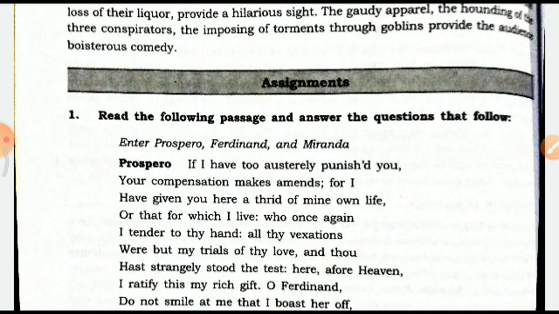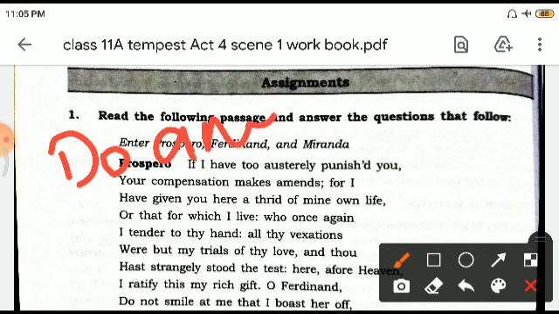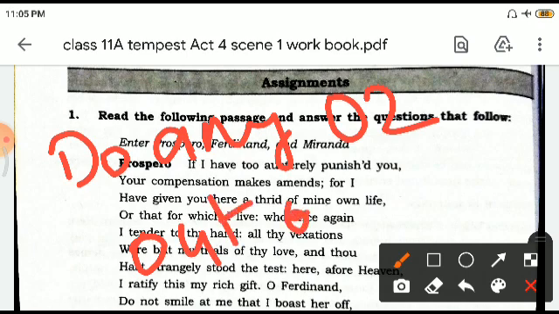Right? Now, see, children, as far as your paper is concerned, your Section A comprises three references to the context, and you have to attempt any two out of three. Each reference to the context is of 8 marks.